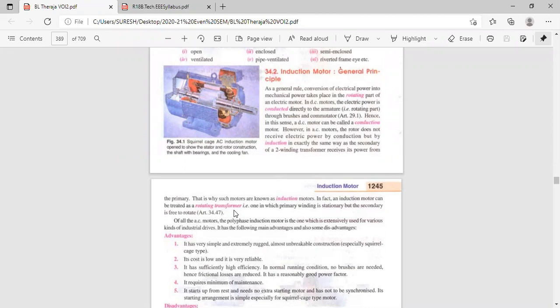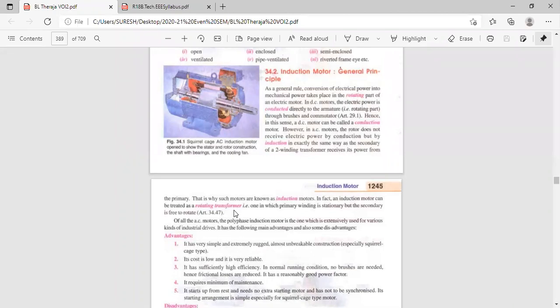Okay, tell me what is the principle in a transformer? What is the principle? Mutual induction. In a transformer, we have primary and secondary. Both windings are stationary.